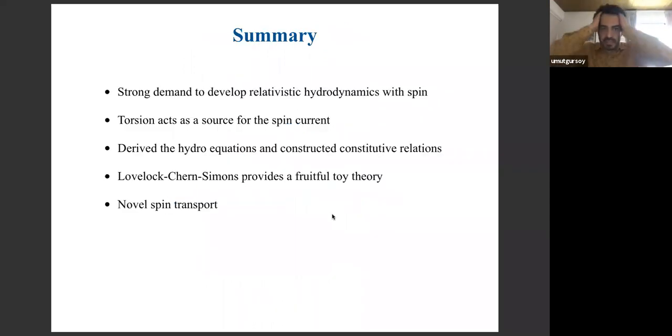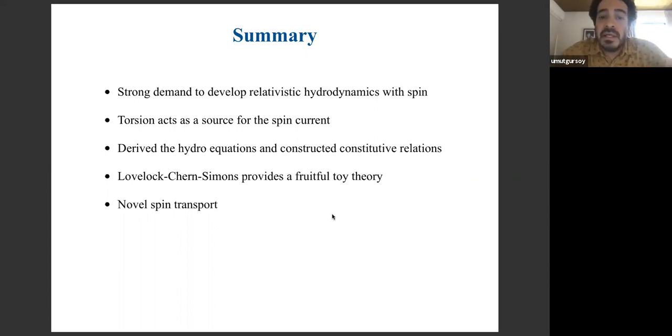Okay, so let me summarize. The first point I wanted to make was that there is a strong demand in developing relativistic hydrodynamics with spin these days. As you have seen, many of the key references in this talk were from 2019, very recent.